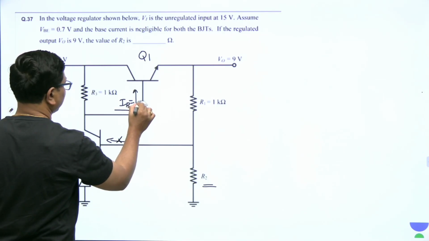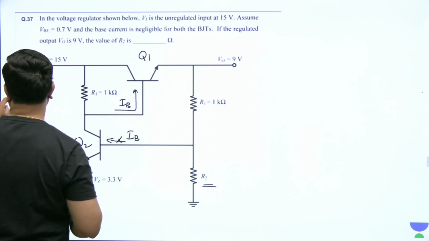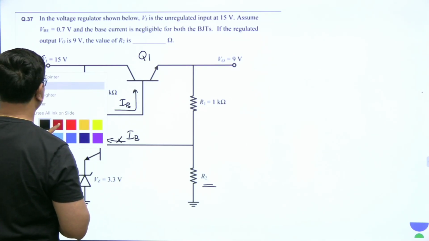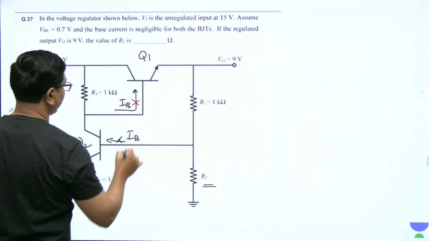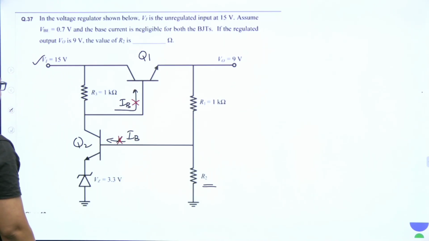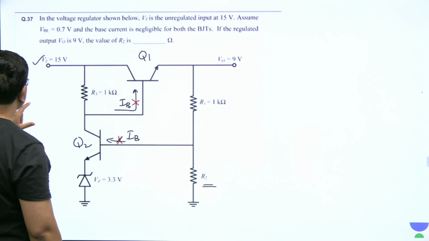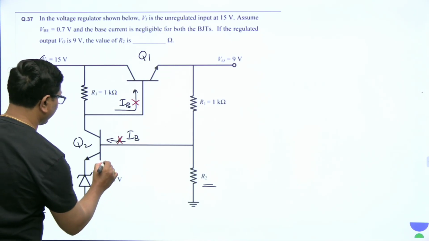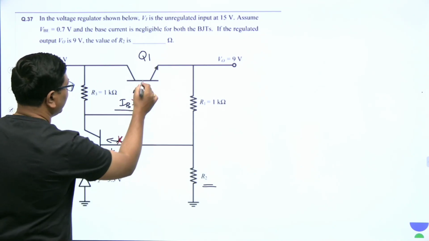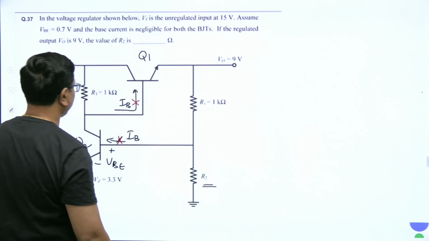That's the concern. I'm just neglecting the value of IB. And they mentioned VBE is equal to 0.7. So this VBE, base to emitter voltage, it is 0.7. This is also 0.7.